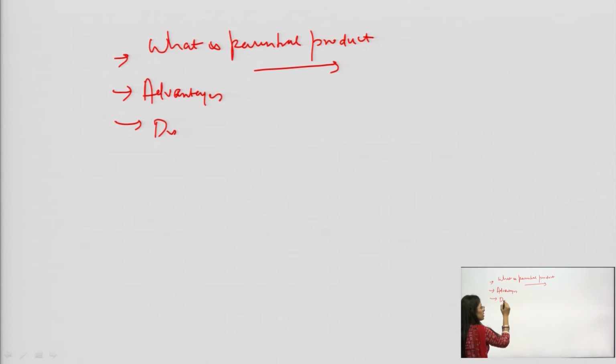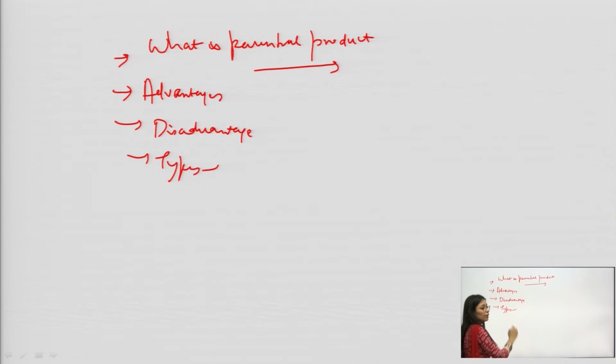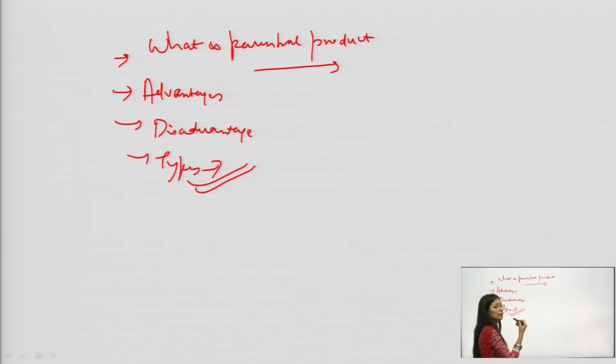Then the types: lots of types are there based upon their packaging and production, small volume parenterals, large volume parenterals, and types based upon how they are administered inside the body, such as subcutaneous, intravenous, intracardiac, intradermal and intracerebral.